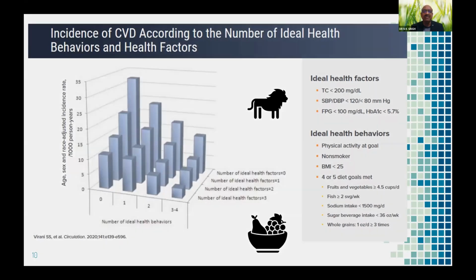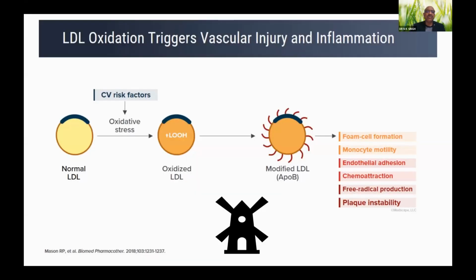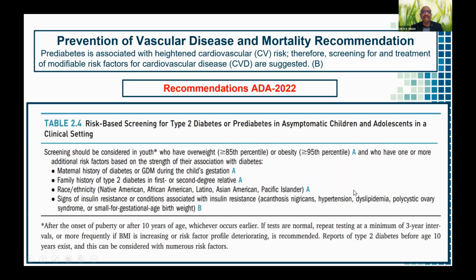These are the things you must see. It is well known that LDL oxidation triggers vascular injury and inflammation, leading to pathophysiology like foam cell formation, monocyte motility, endothelial adhesion, plaque instability, and free radical production. So this is how it is happening.